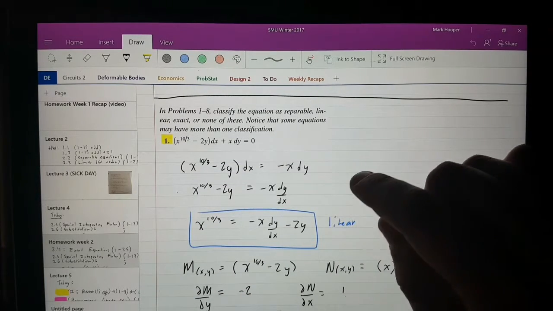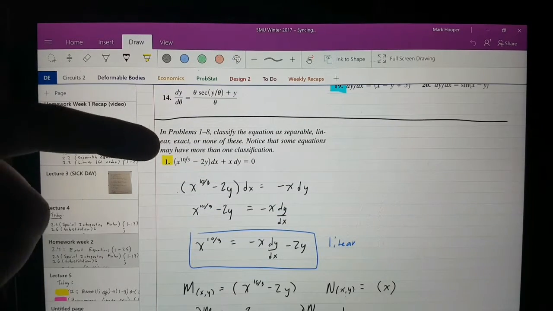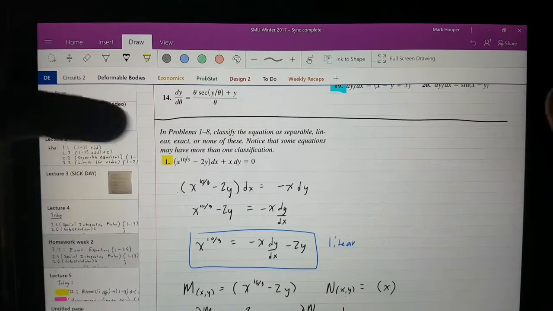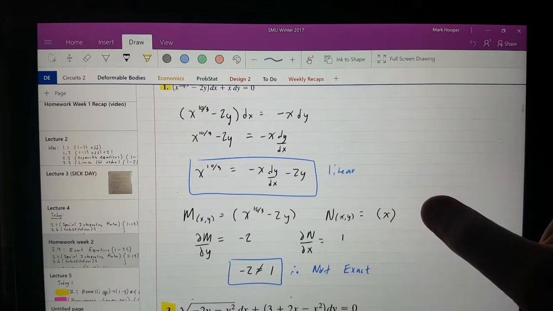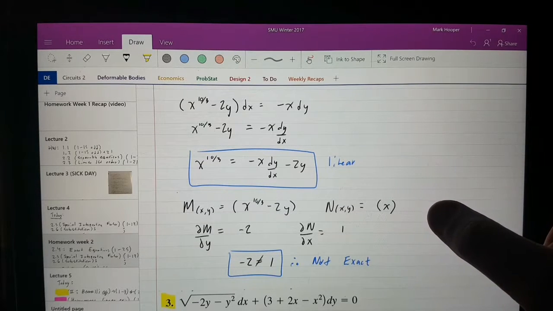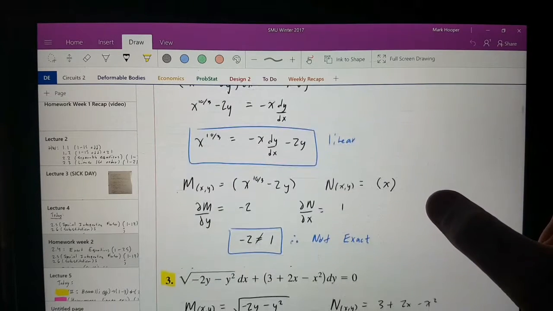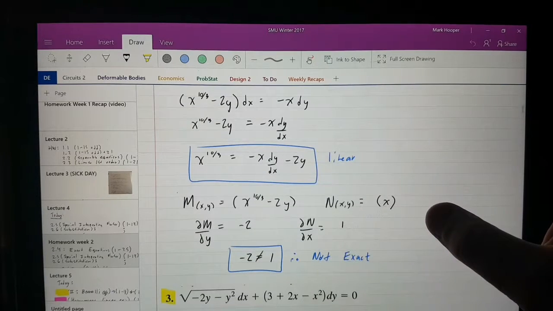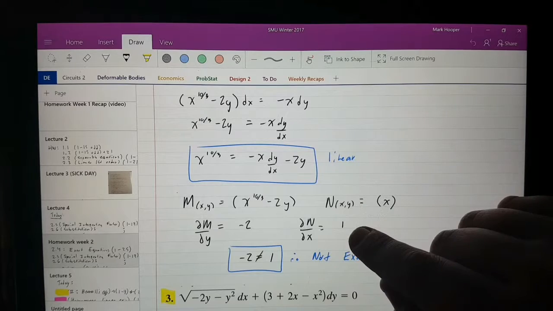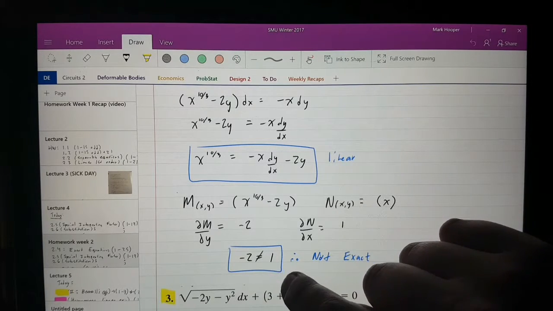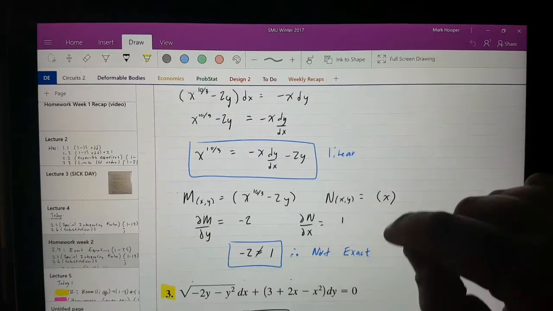And if it's exact, you treat this as M and this one as N, and take the partial derivative of M with respect to y and N with respect to x, and see what you get. With respect to y, we get -2, and N with respect to x, we get 1. Since they're not equal to each other, it's not exact.